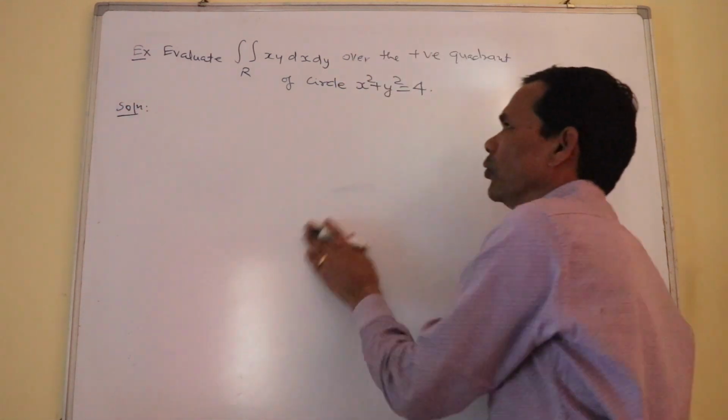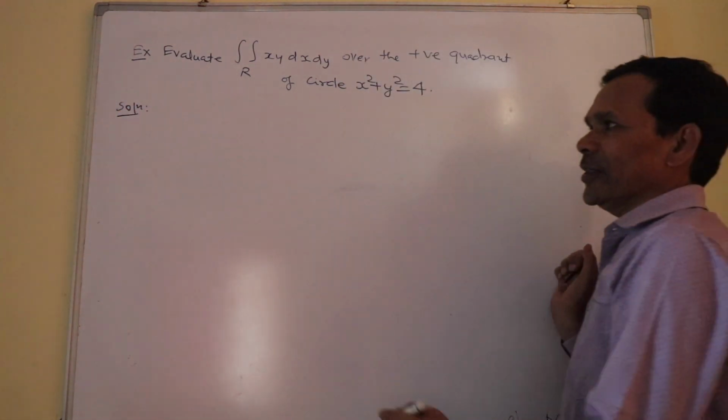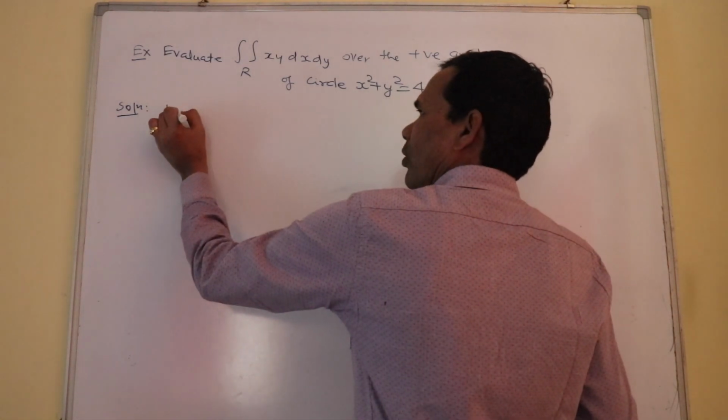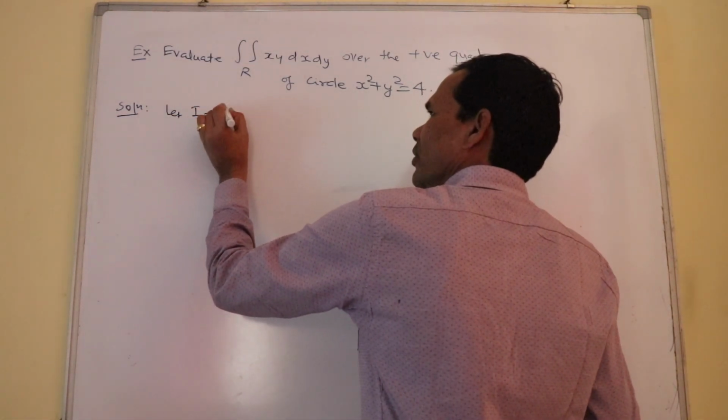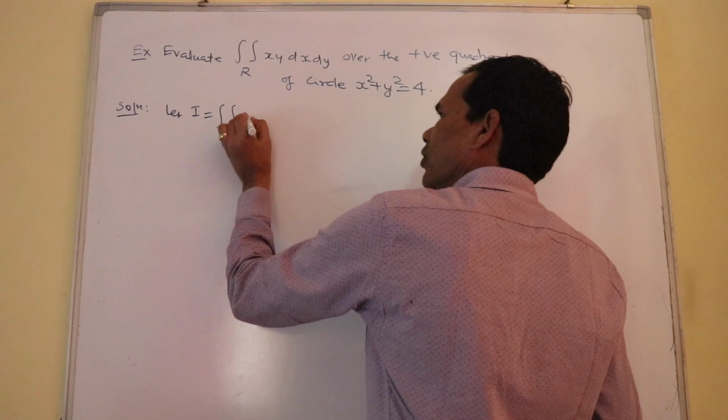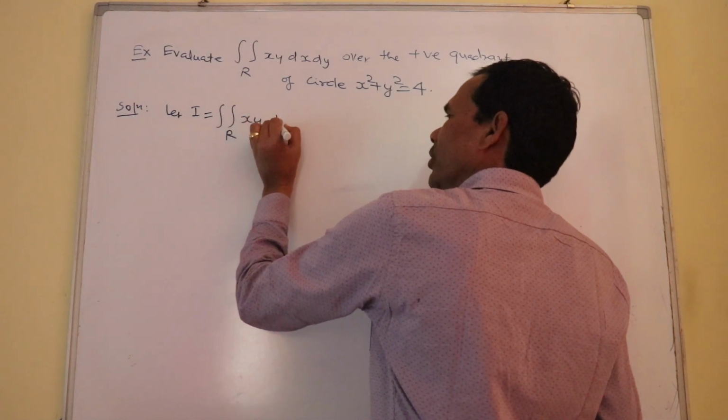So let us see what to do with this to transform into polar coordinates. Let I be equal to the double integral over R of xy dx dy.